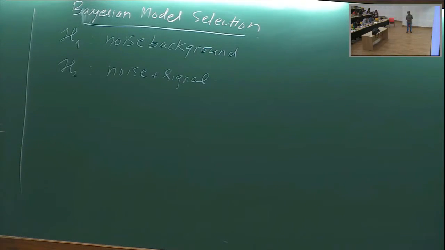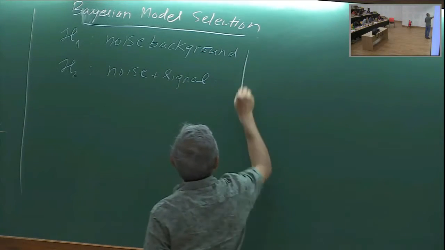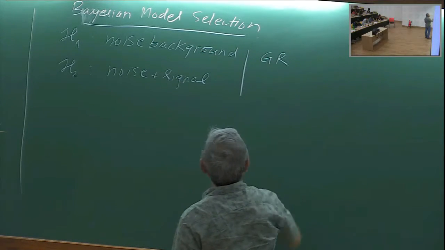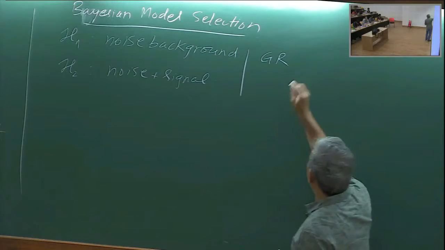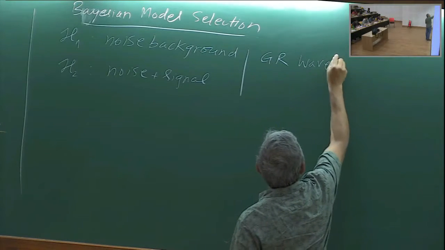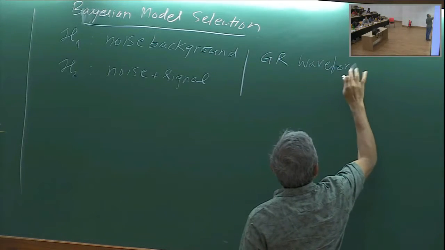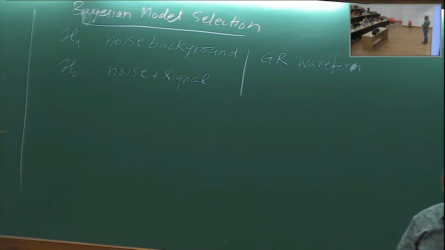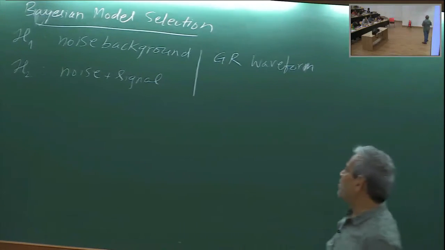So the noise background is one model, noise plus signal is the other model, and we can test for consistency. Alternatively, H1 could represent the general relativistic model that describes our waveform. Or it could be a modified gravity theory from which the waveform comes.